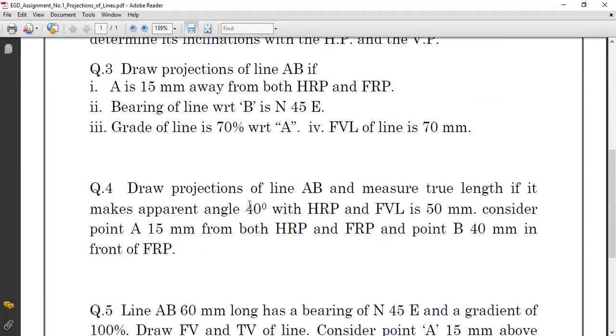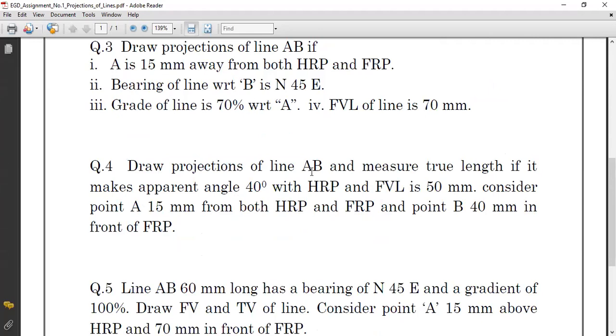Fourth number, sir. Draw projection of line AB and measure true length, if it makes apparent angle alpha. True length is not given. Okay, let it be. Alpha is given, if FVL is 50 mm.